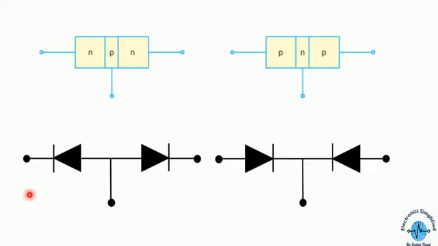So it will be in the forward bias condition. These two different diodes working in a working condition will have some different operation which we are going to understand in a further video.